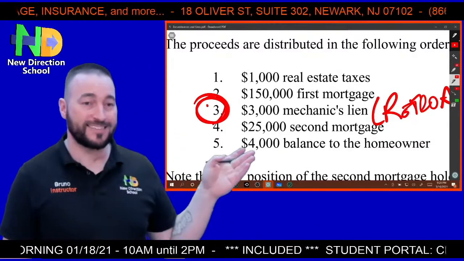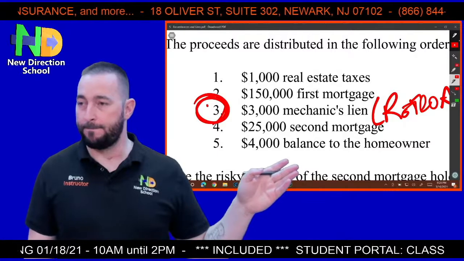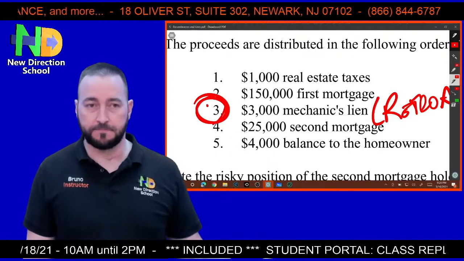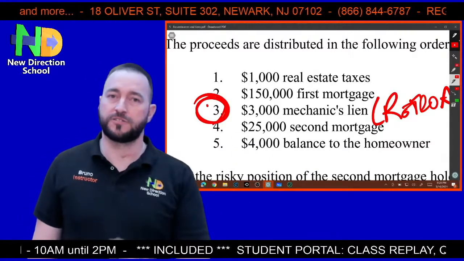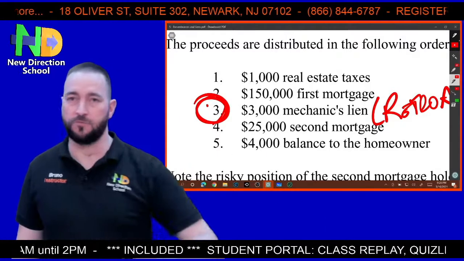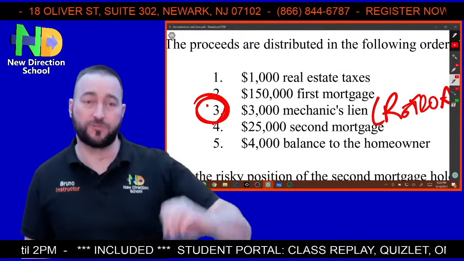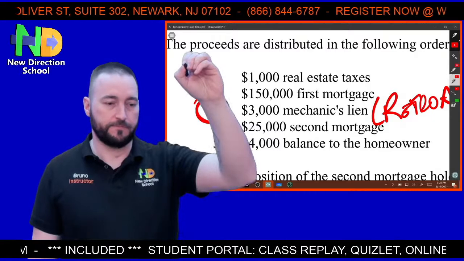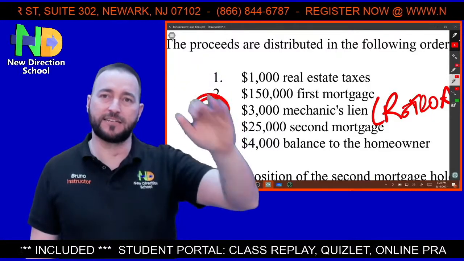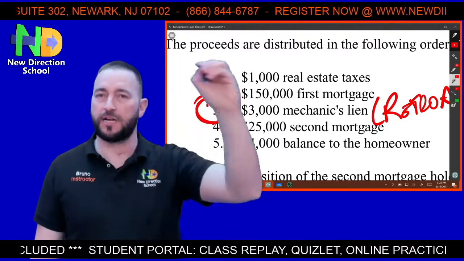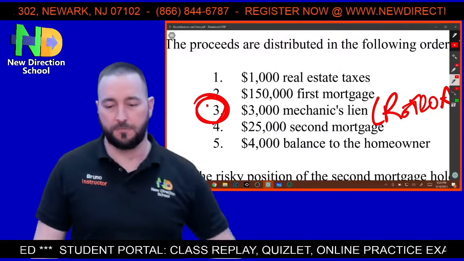And then it's the mechanics lien. Even though it came 3 years later, it was based on work that was done before the second mortgage. That's why it's retroactive. That's why it jumps up in line. You guys got it? Mechanics lien always jumps up in line to when the work began.